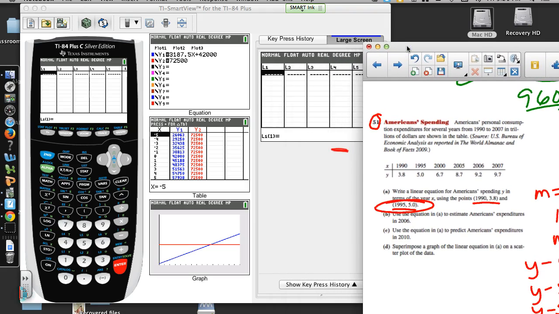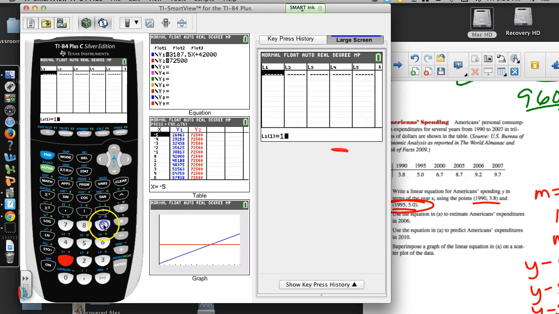So our X's are those years: 1990, 1995, 2000, 2005, 2006, 2007. And again, I have to go incredibly slow with the smartboard information here.